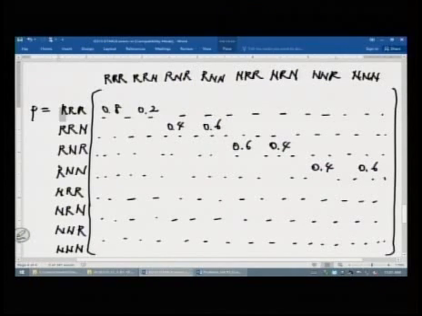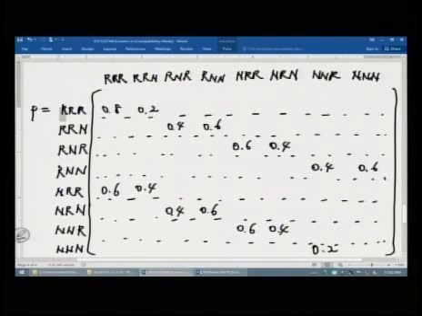Then, okay, now we start from no rains the day before yesterday, and then rains yesterday and today. So we have 0.6, 0.4, and down here we have 0.4, 0.6, and then we switch over 0.6, 0.4, and down here we have 0.2 and 0.8.